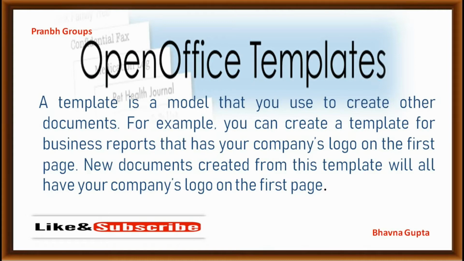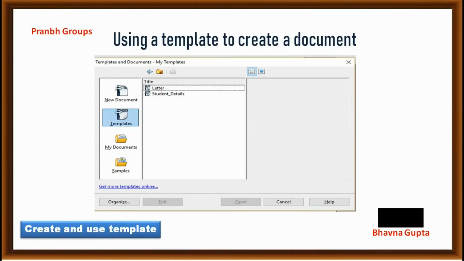All documents in openoffice.org are based on templates. If you don't specify a template when you start a new Writer document, the document is based on the default template for text document.